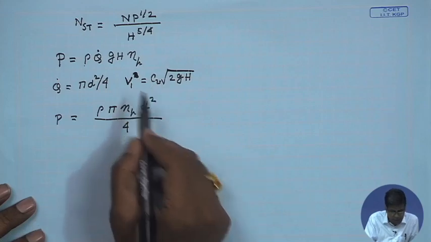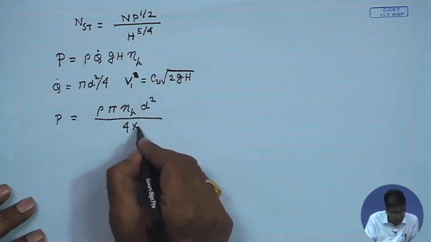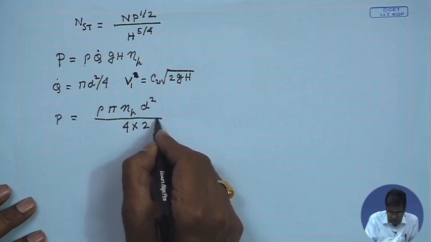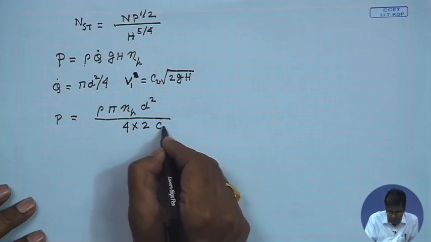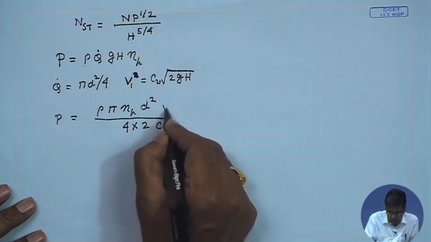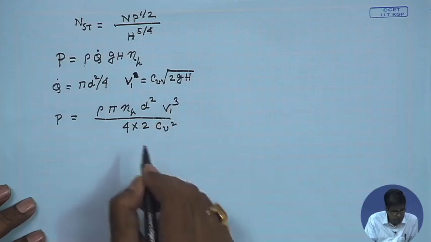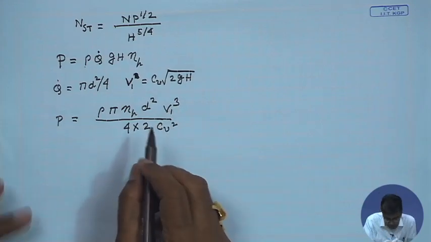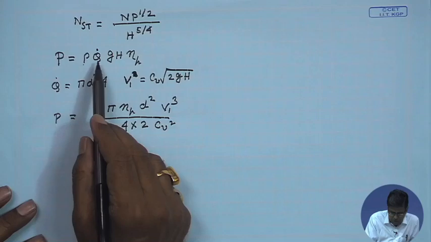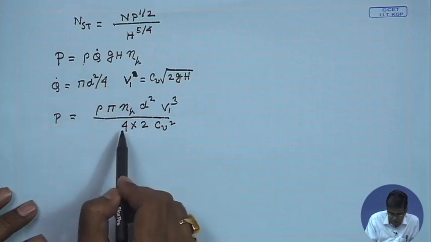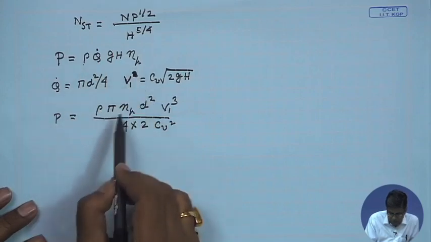So, combining these two, we can write 4 into 2, that is it will be 8 CV square V1 cube. That means we are substituting Q as pi d square by 4 rho, this is eta H.